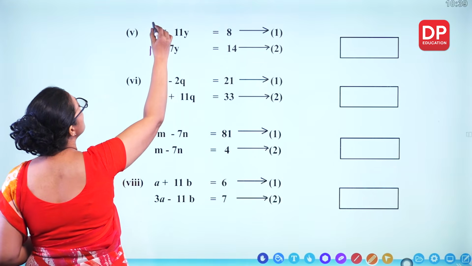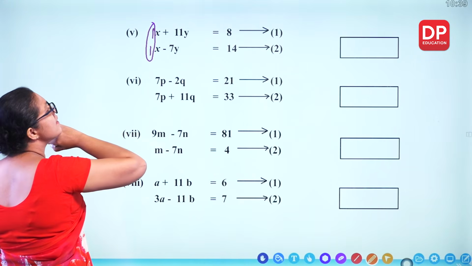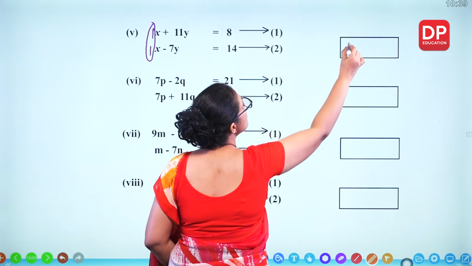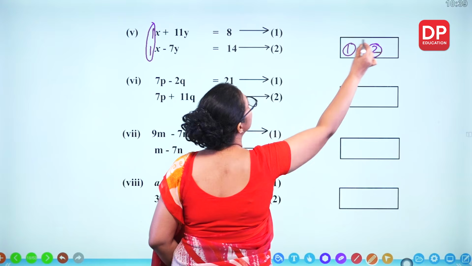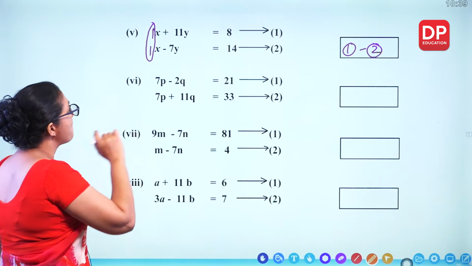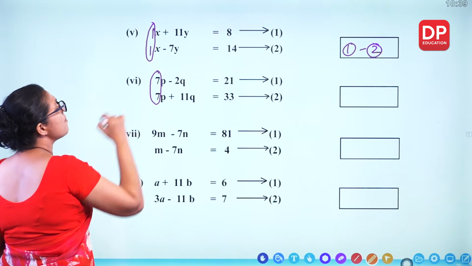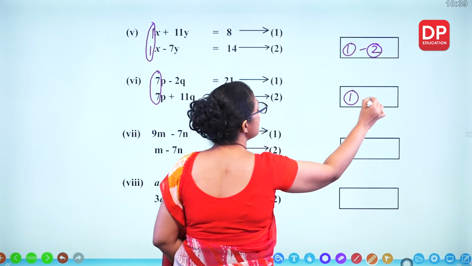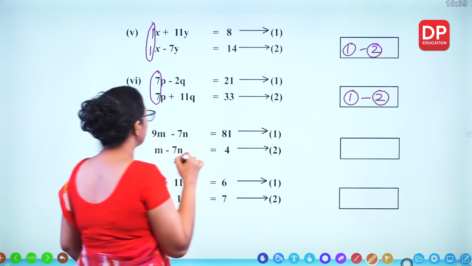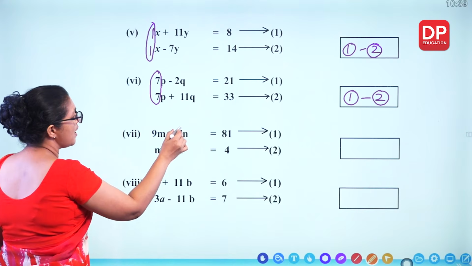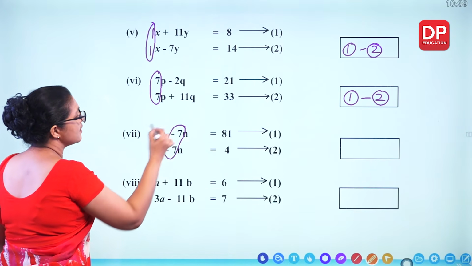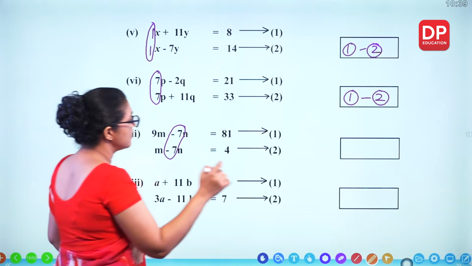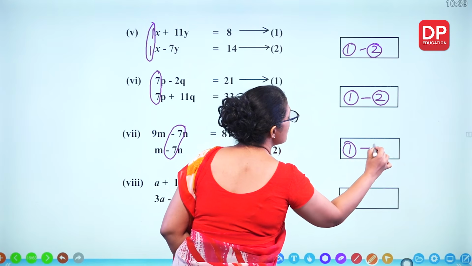This one, 1 and 1. So same sign. You subtract the two equations. This one, plus 7, plus 7, same sign. Subtract the two equations. This one, minus 7, same sign. Subtract the two equations.